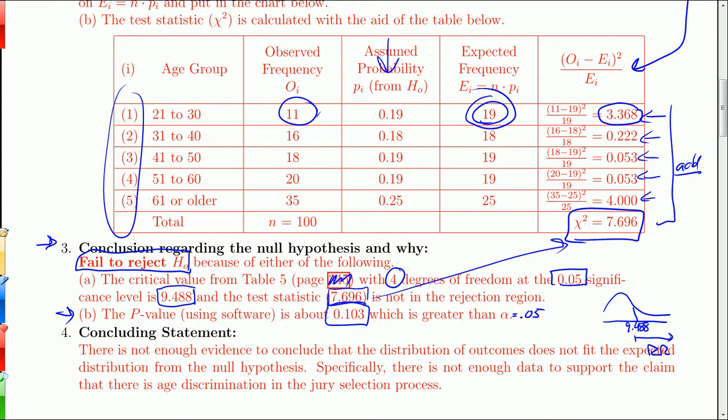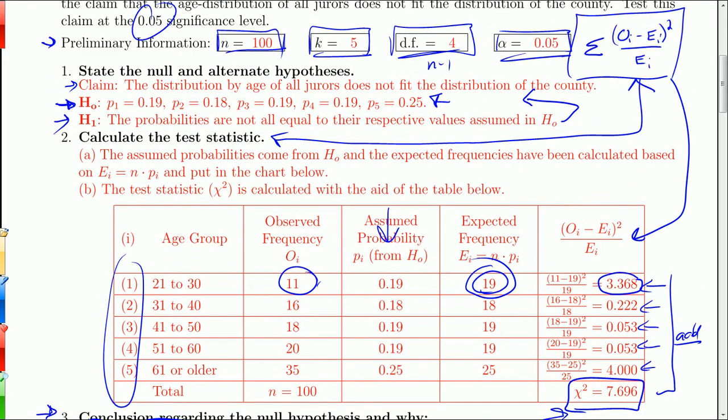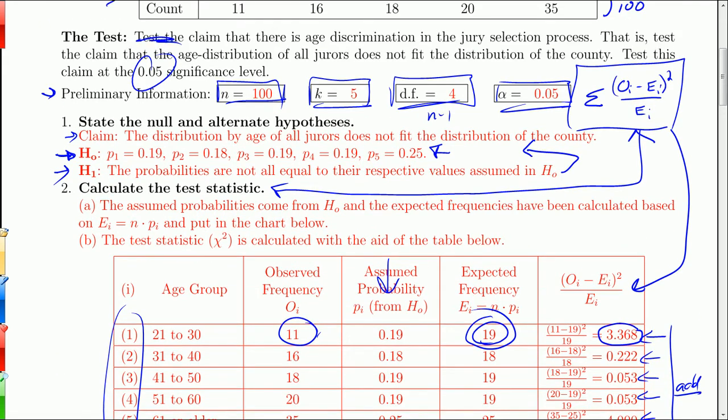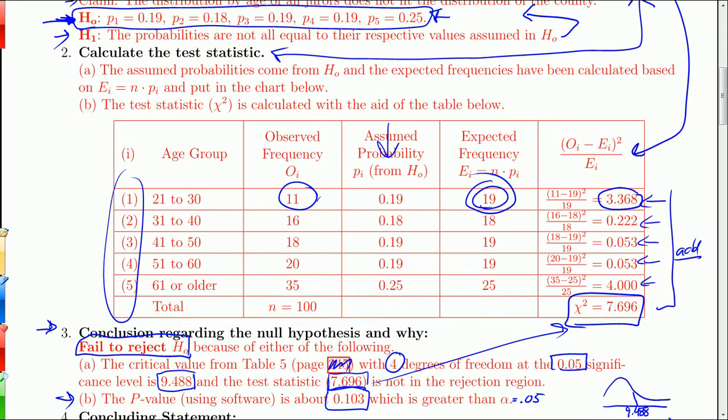So either way, we fail to reject the null hypothesis, and we had some phrasing that we learned in 11.1, but look at it, we're failing to reject the null hypothesis. All right, so we can't really say that the distribution of jurors is different from the distribution in the county.